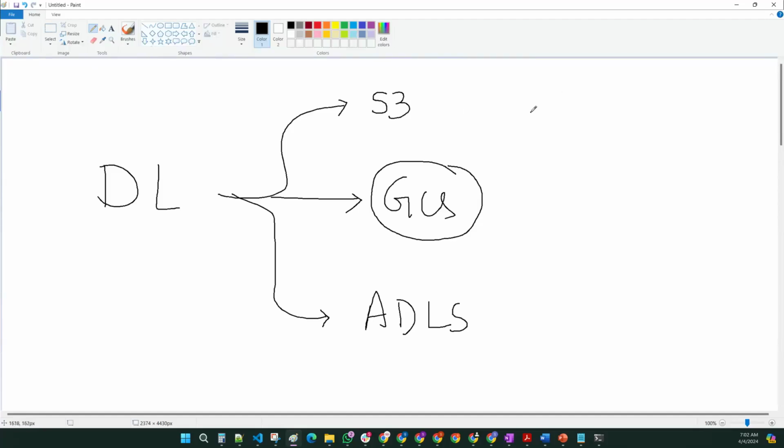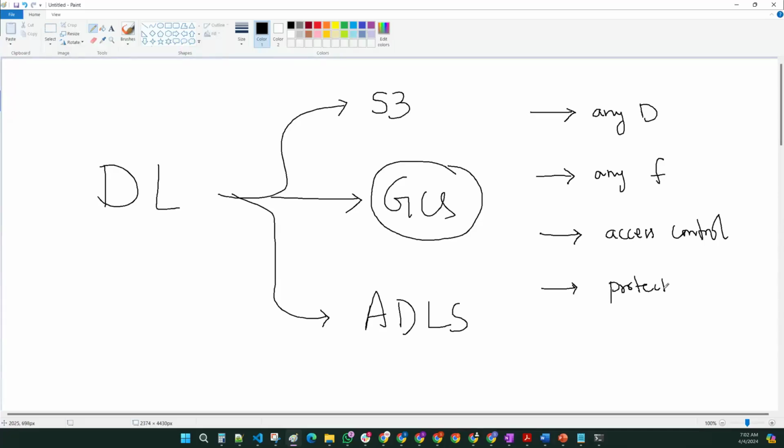In each data lake, you need to have five things, actually. Any data you need to store, in any format, and it should allow access control, that is storage management, and it should have protection and encryption.